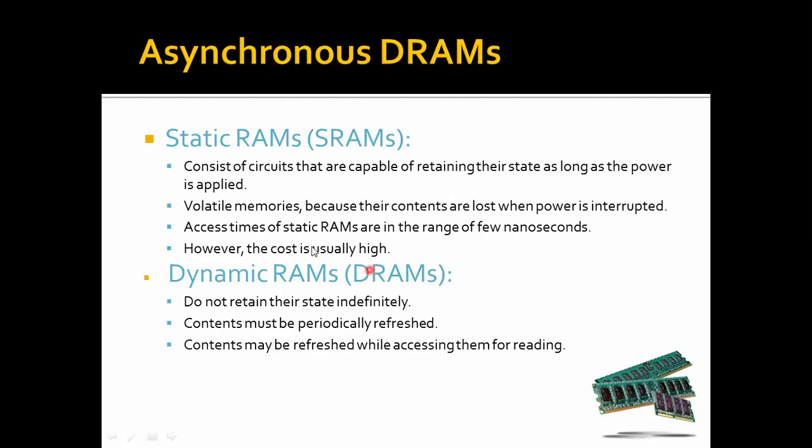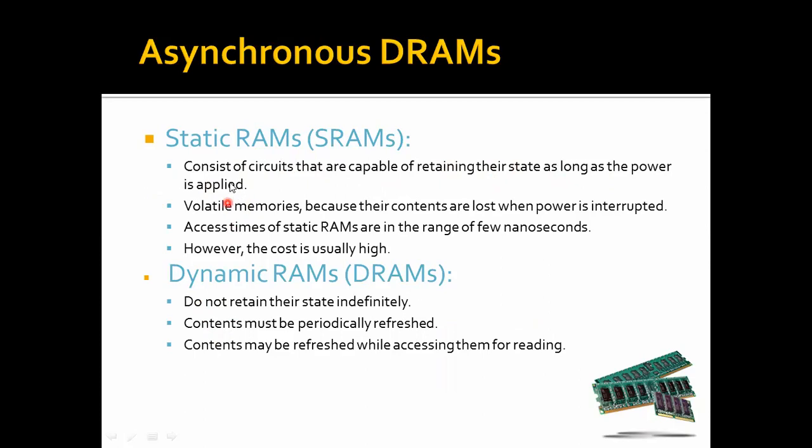Next, static RAM. So we learn some points. RAM is volatile memory, a temporary memory, as we already discussed. This static RAM consists of circuits that are capable of retaining their state as long as the power is applied.